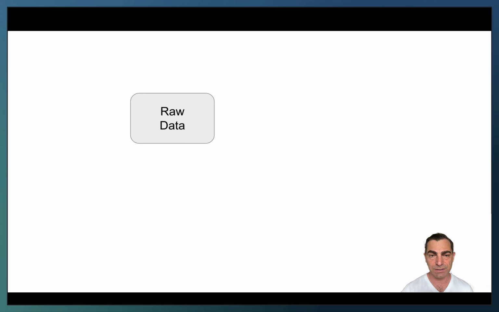So a more accurate representation of what normally happens when we create data visualizations is that we start from raw data, which is typically collected by somebody else, or sometimes we collect the data. We have a data collection process.